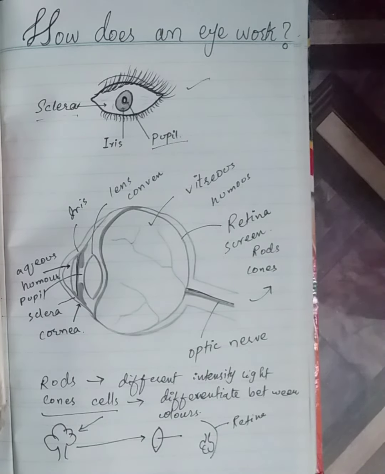So what we get from that is the image made on the retina is actually small in size and reversed. And then what does the brain do? The brain makes it right side up so that we can see it clearly. Okay.